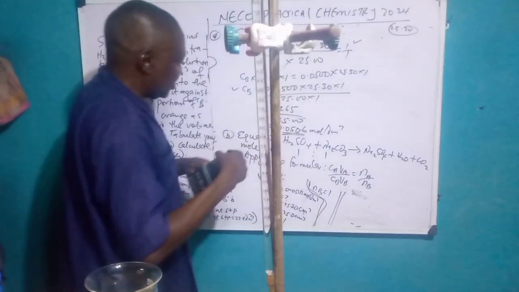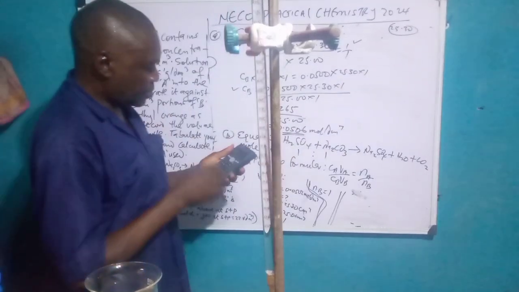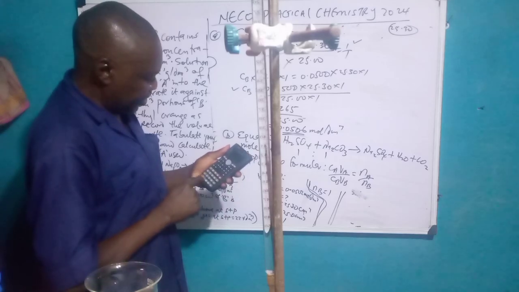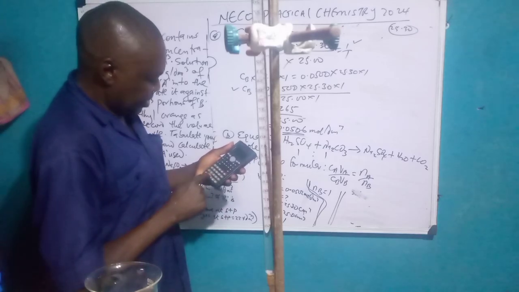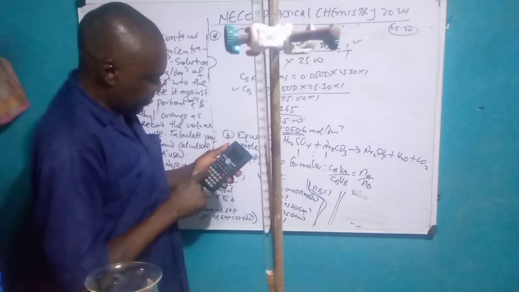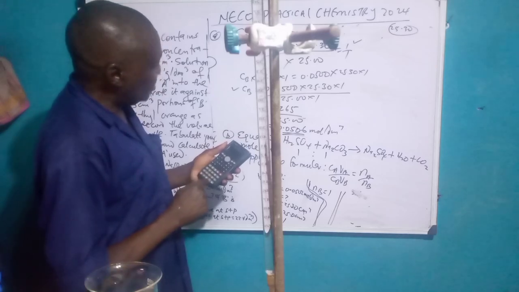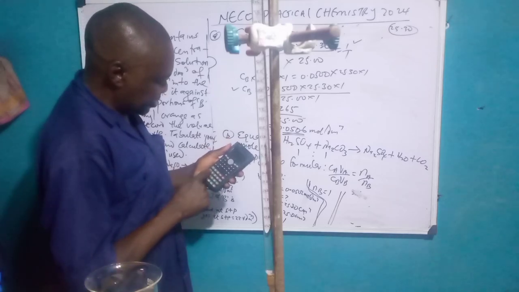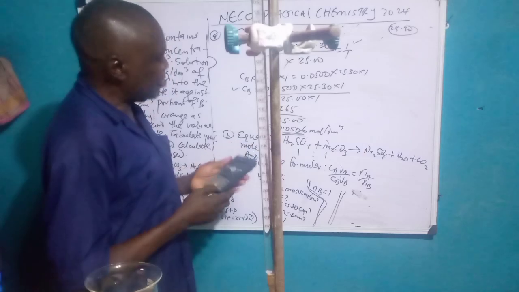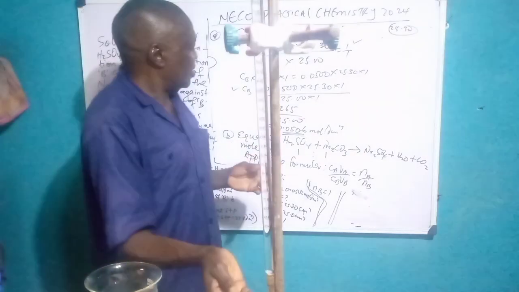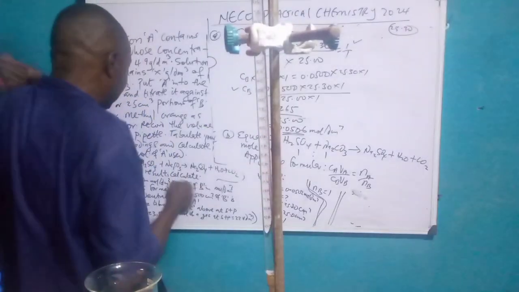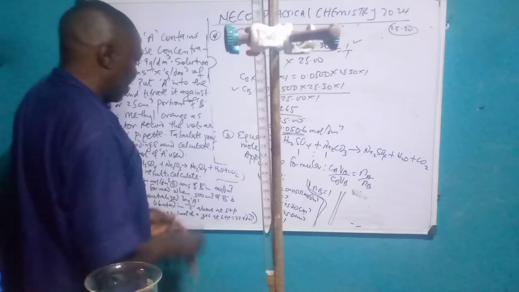Let's quickly cross check what you have. 0.0500 times 25.3, divide by 25, gives you 0.0506. So that is what you have in this second question, B, in mole per dm cube.